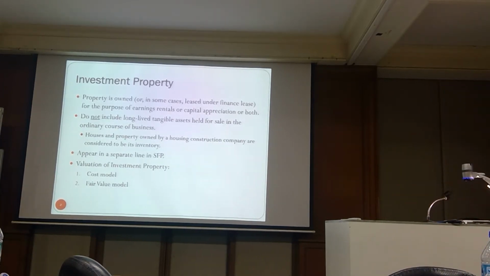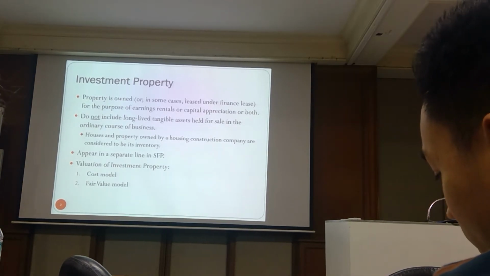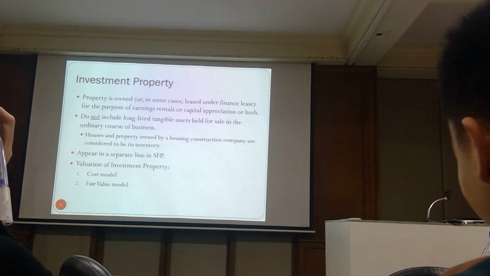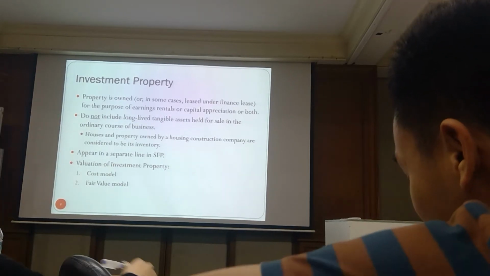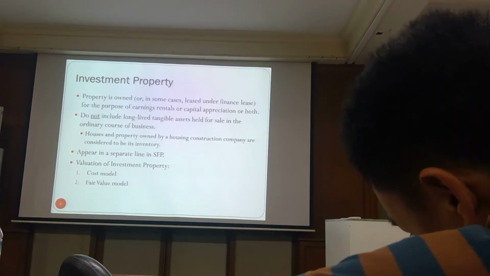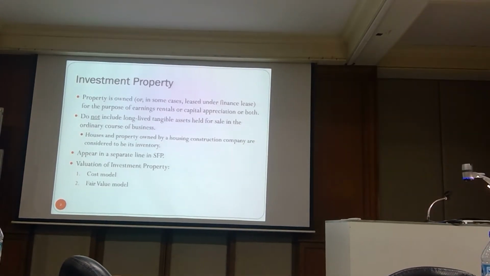Say I produce the shoes, I make a lot of money, then I have some extra money. I buy another land and build a building, but not for my factory, but to let people come in and rent it. What is my purpose for this investment now?